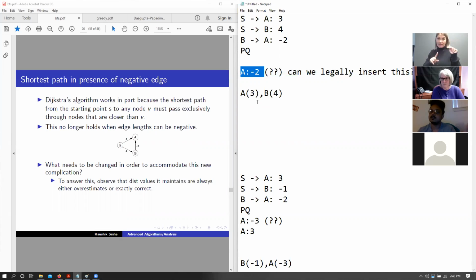And that is the downfall of Dijkstra, and that is the reason we cannot have negative weights, because Dijkstra assumes that once we have explored a particular vertex, and expanding and all of those things are done, we have already found the shortest distance altogether. We do not need to add it to the priority queue anymore.